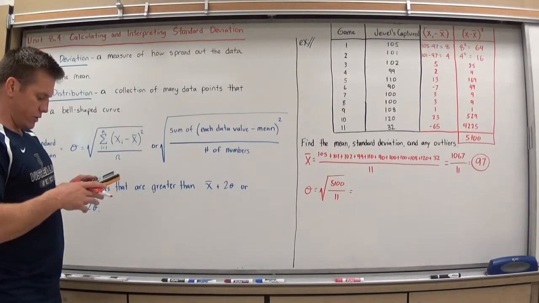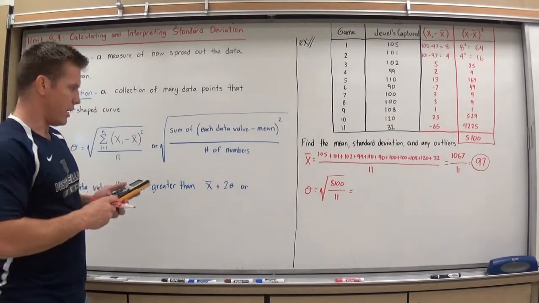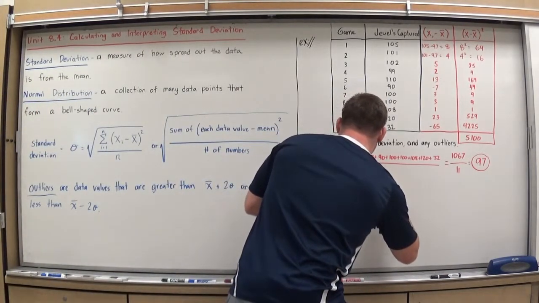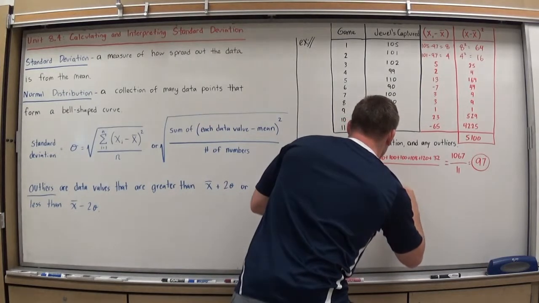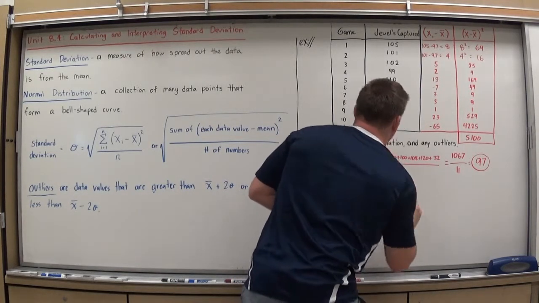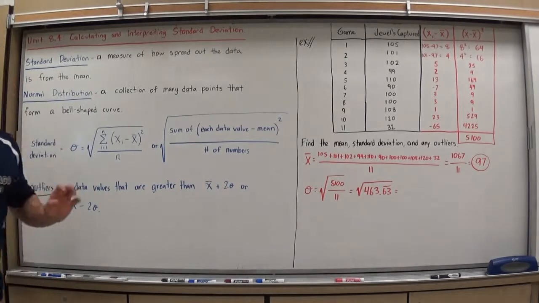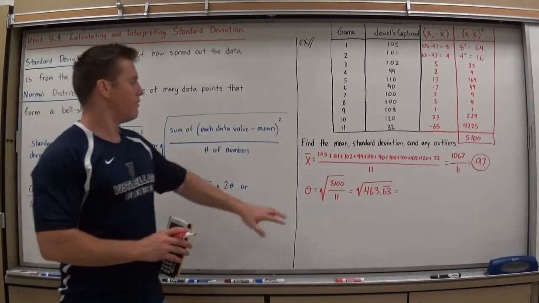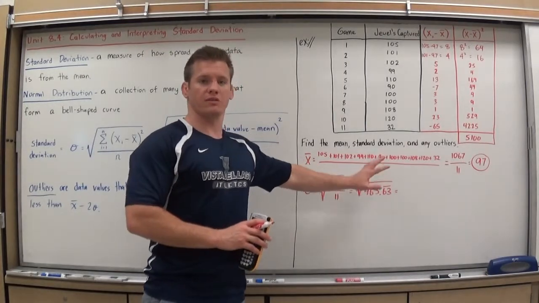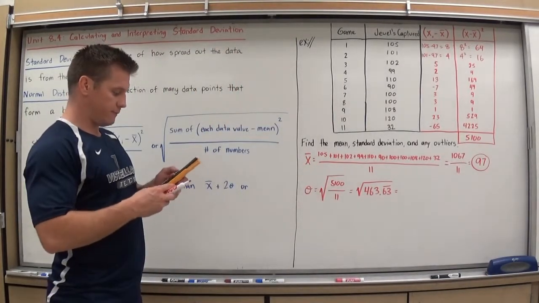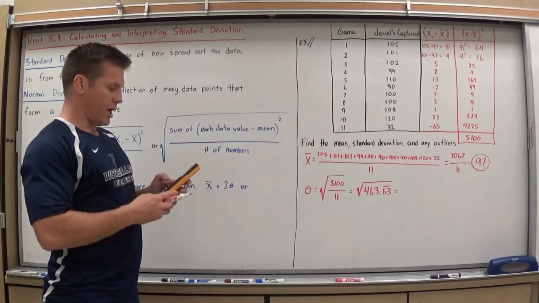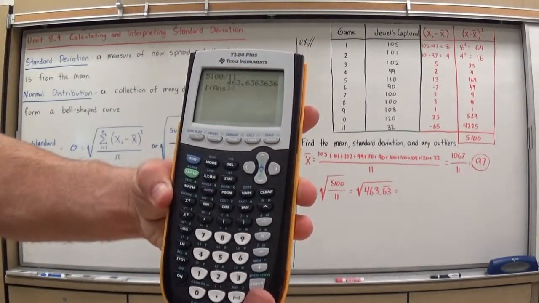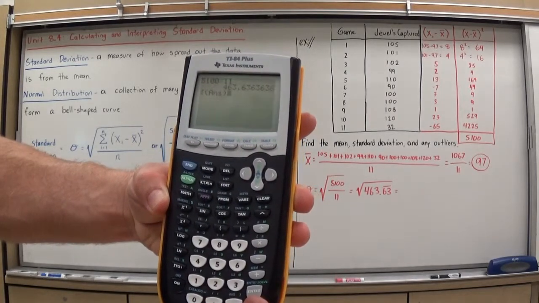Take the square root of that answer, and just so you can see, it'd be the square root of 463.63 repeating. To keep it accurate, I'm going to use the answer function on my calculator. So I'll do the square root of my answer to get this as accurate as possible. Otherwise, it might round a little too soon and make it off. Just to show you how I type that: I found 5,100 divided by 11 and then the square root of that.